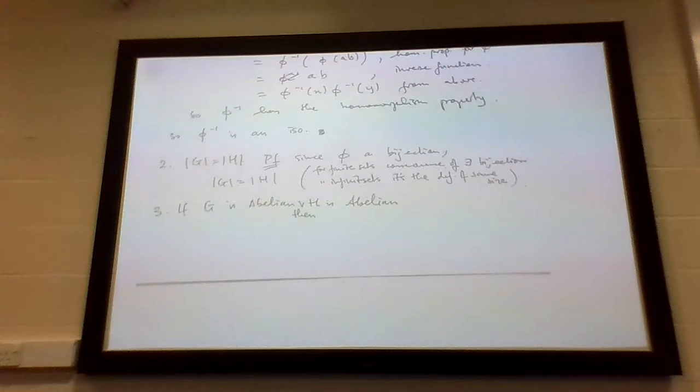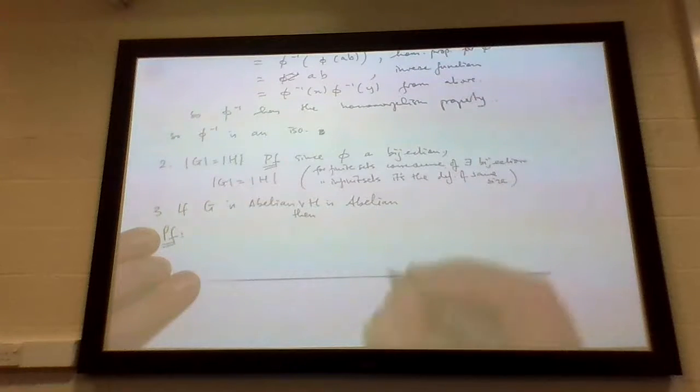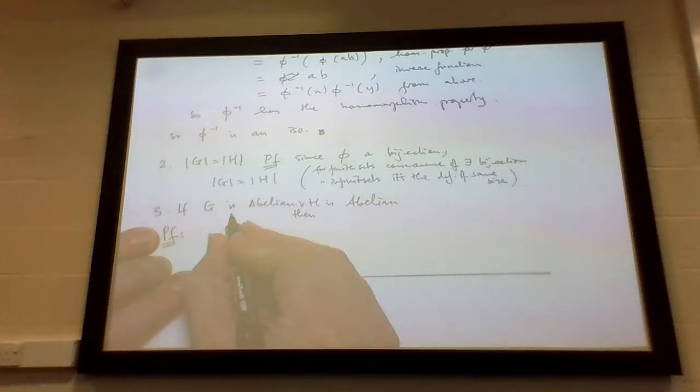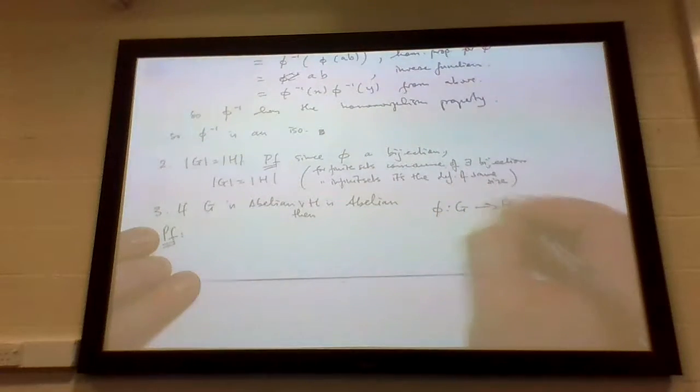Now this I remarked was kind of proved by the argument in the middle of the proof by contradiction of example 9.5. But let's just do out the argument again. So we can assume G is abelian. We assume the existence of an isomorphism.